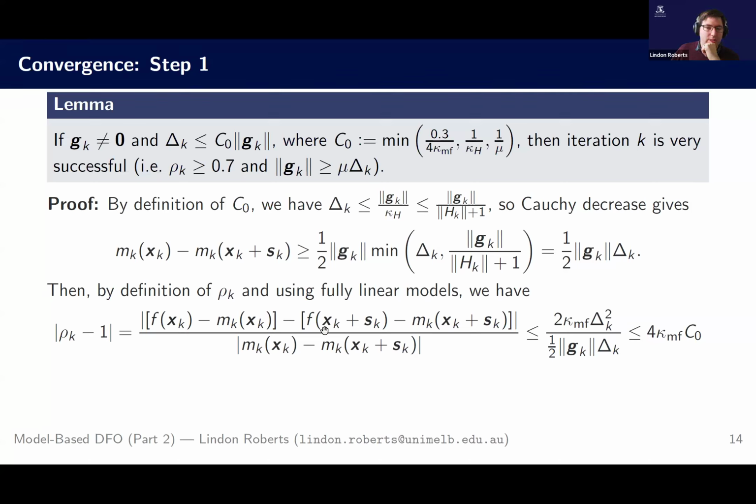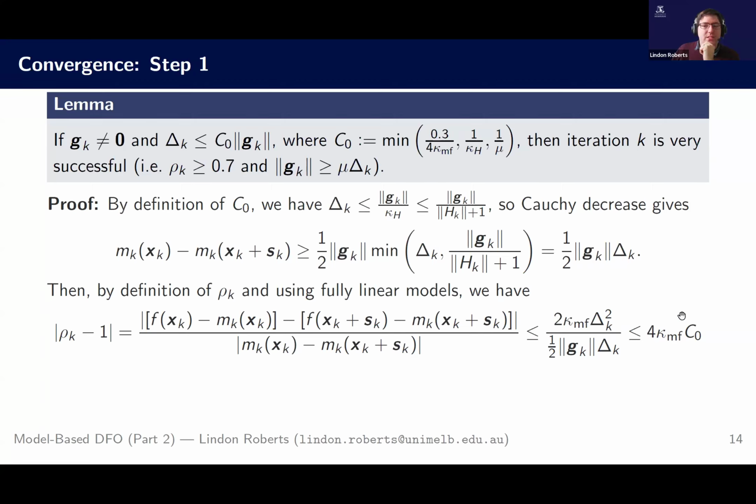That was our Cauchy decrease condition. The numerator has 2 model error values, and our model errors are proportional to kappa times delta squared. That's our fully linear assumption. So if we work with that, the delta squared cancels with the delta. Then we're left with a delta divided by the norm of G, and that gives us another constant of C0 coming from our assumption here.